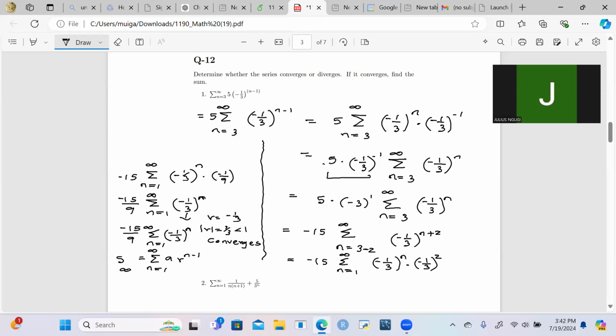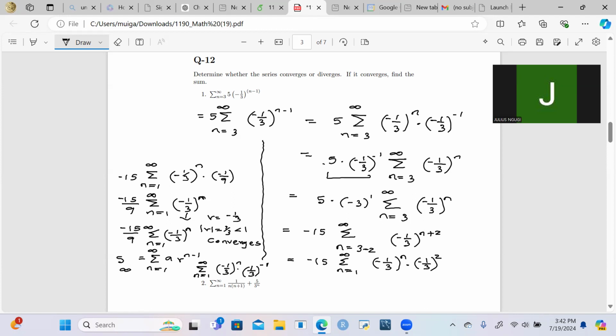So I can move one of the minus a third inside, to be in the form of the sum as n starts from 1 to infinity, with minus a third to the power of n, and then I multiply by a third to the power of minus 1, which is now a 3.